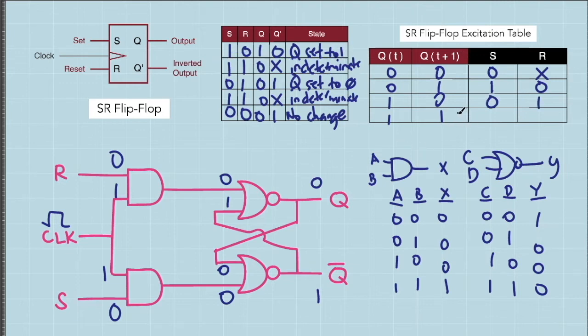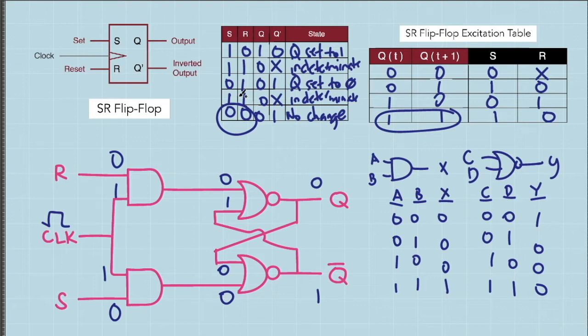Finally, we have this fourth case wherein initially the output is at logic 1, then after one clock pulse, it remains at logic 1. Based on this setup, I'm going to write 1, 0 here, but this is also possible wherein the output of Q does not change when both set and reset are equal to 0.